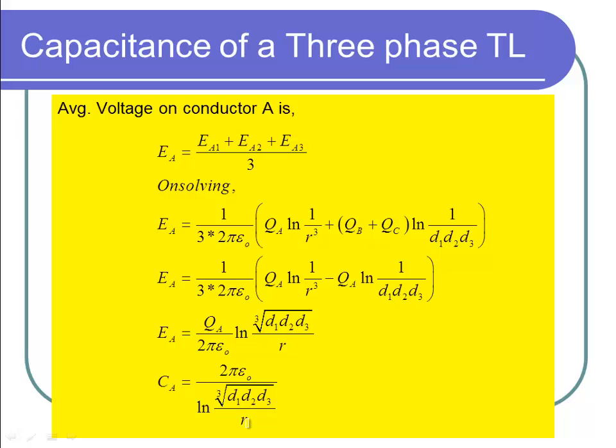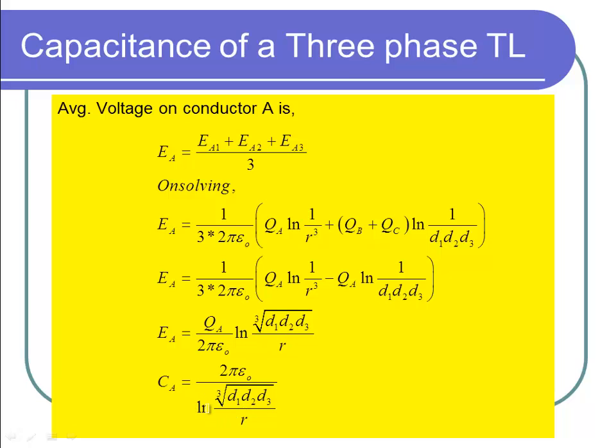In the denominator in your inductance calculation, it's simply r dash, that is the effective radius of the conductor, because of skin effect there in the inductance case. In the capacitance case, we simply have the radius of the conductor. So only in the denominator there is a variation between inductance and capacitance in the natural logarithmic terms.